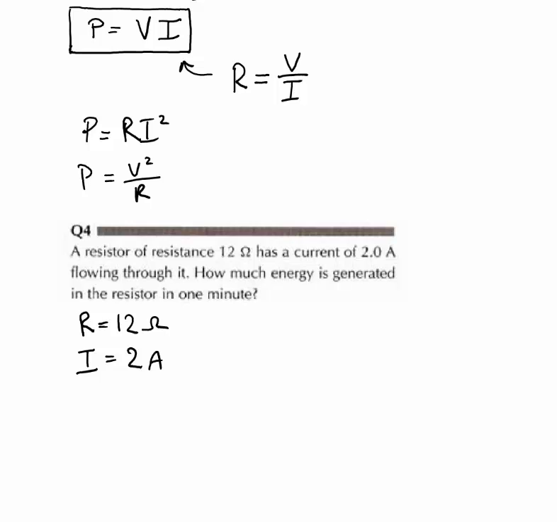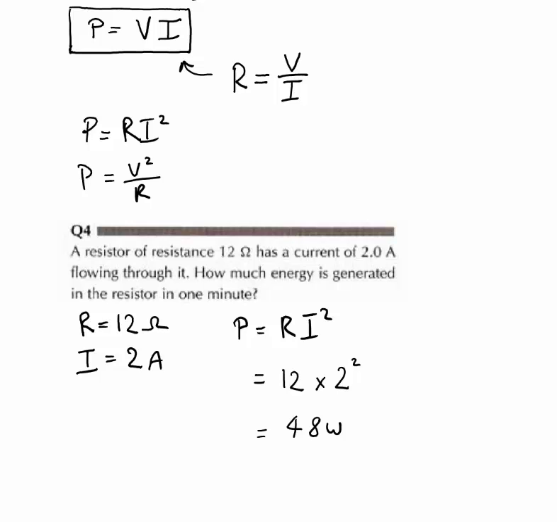And we can do this just by using one of these already manipulated equations up here. So we've got resistance and current, so we know that the power is the resistance times the current squared, which gives us 12 ohms times 2 squared, or 4 amps, which is simply 48 watts.